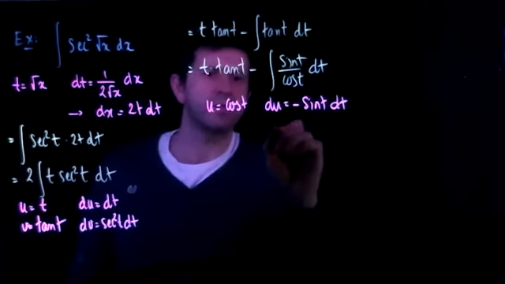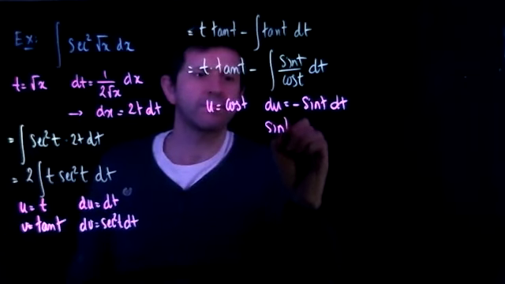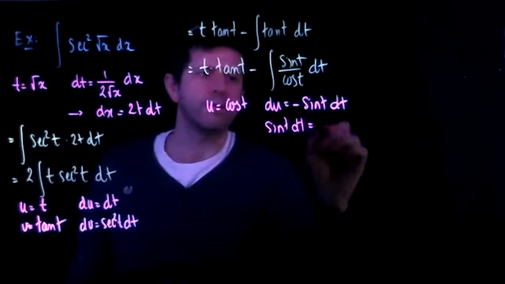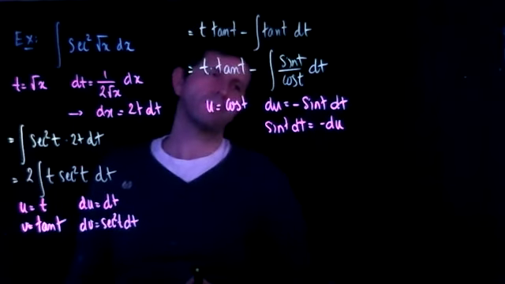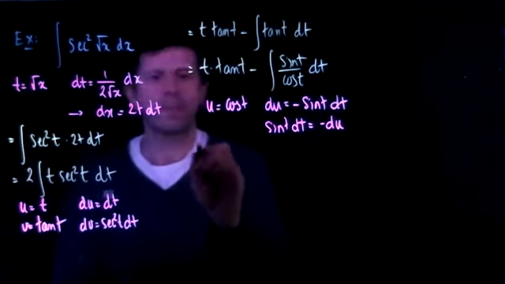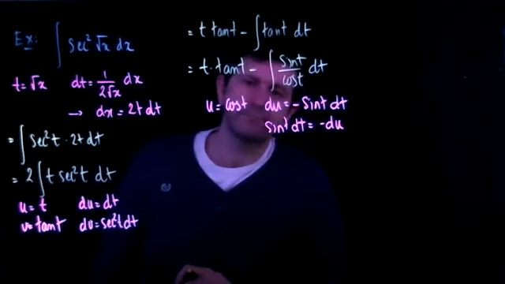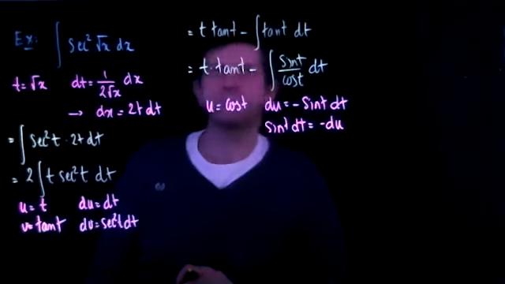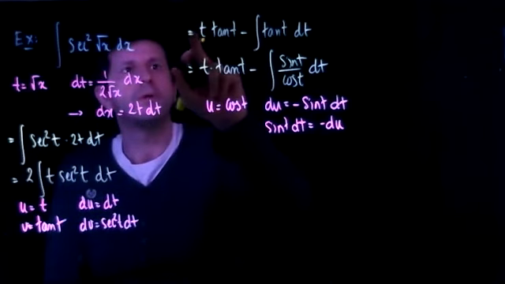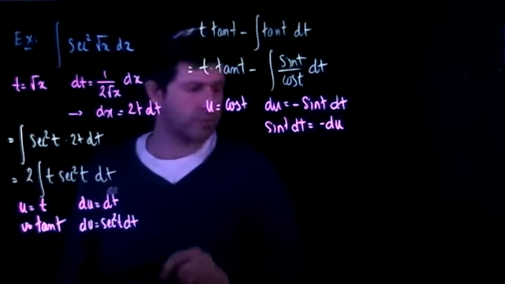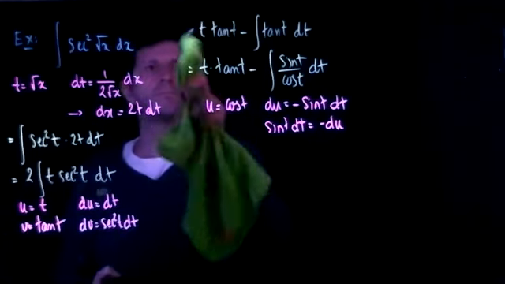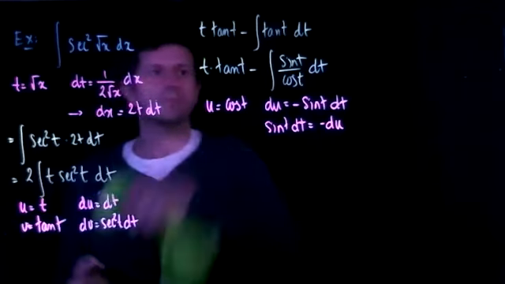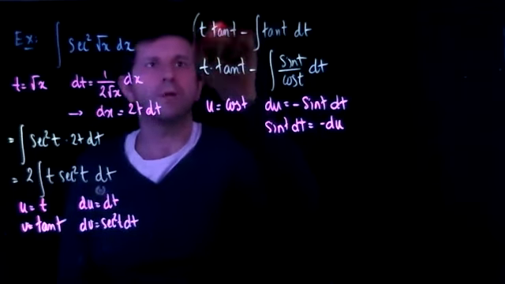Okay, so sine t dt will be negative du. Sure. What happened to the 2 from the other side? I forgot it. Okay. Thank you. Okay, so there's a 2 here. Thank you. You're right. So all this times 2. Thank you very much.